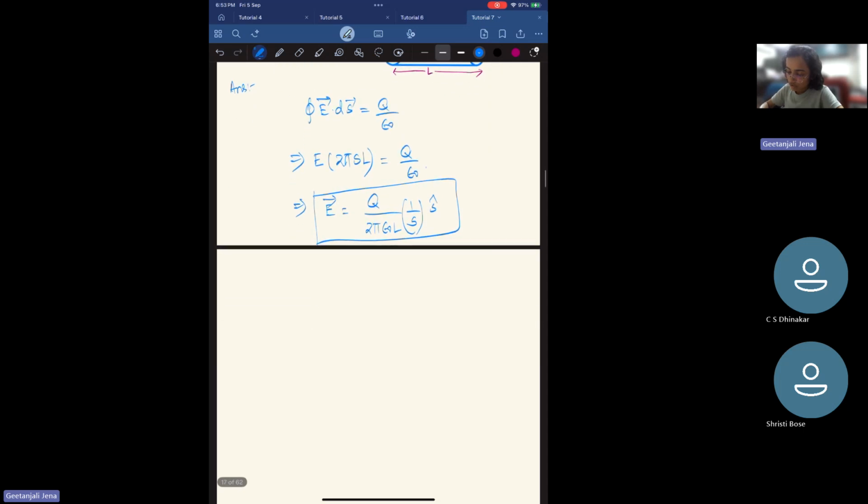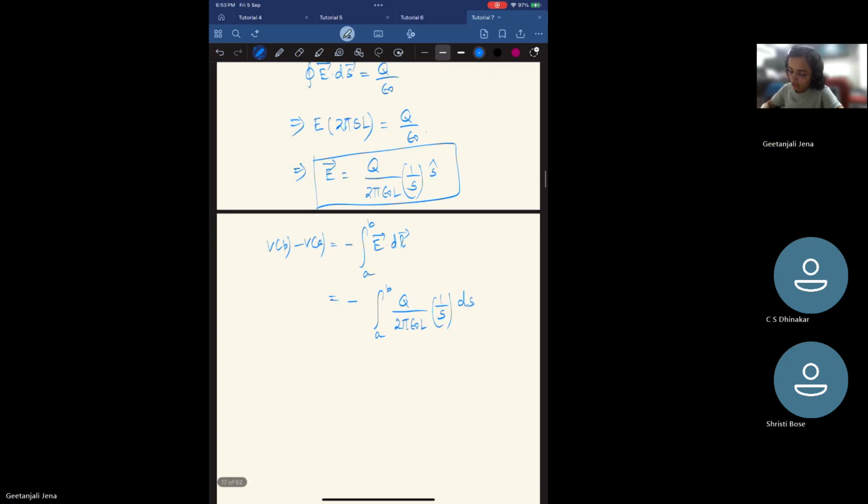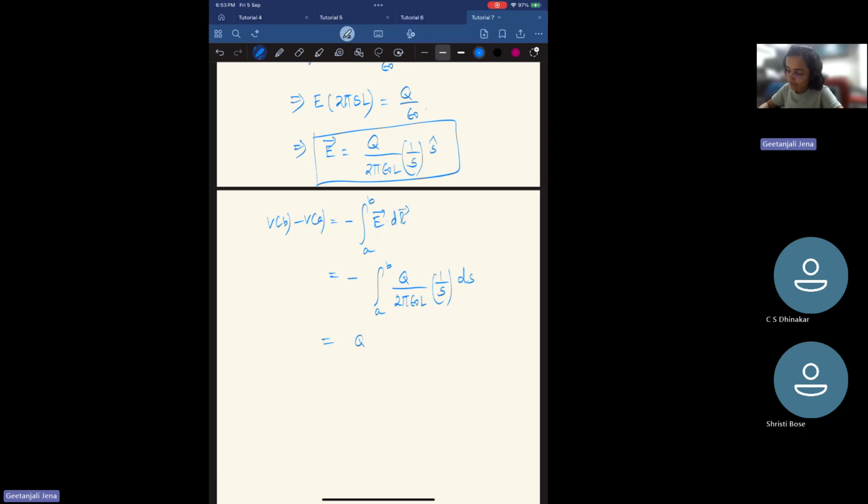For potential, you need to see the integration of E dot dl between the region B and A. A to B, Q by 2 pi epsilon naught L, 1 by s ds. So 1 by s ds will give ln s, which is ln B by A, right?